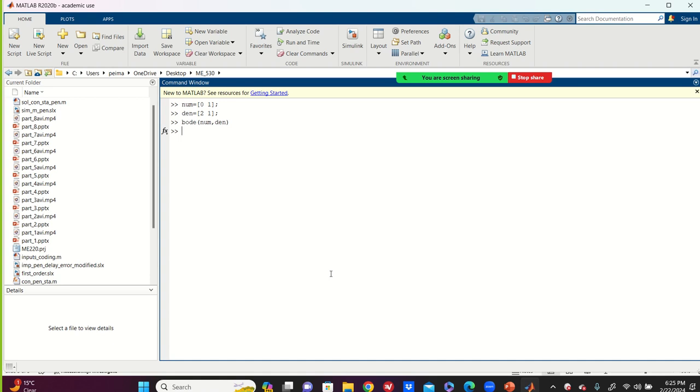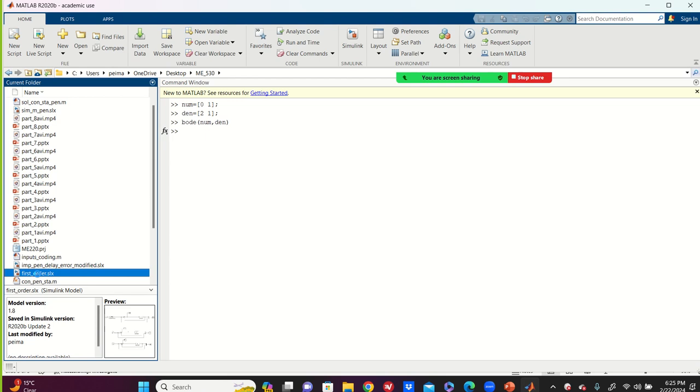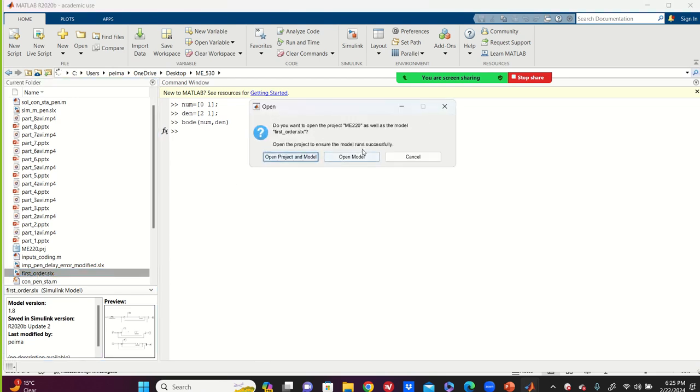Let me take you back to our lovely Simulink. I'm going to share the first order model with you. Open the model.